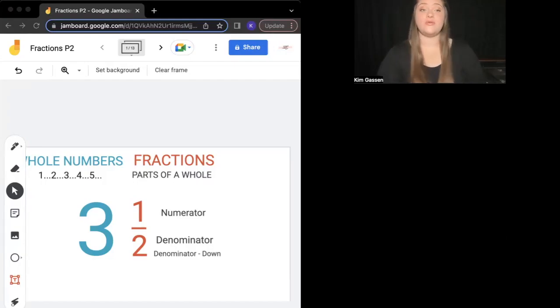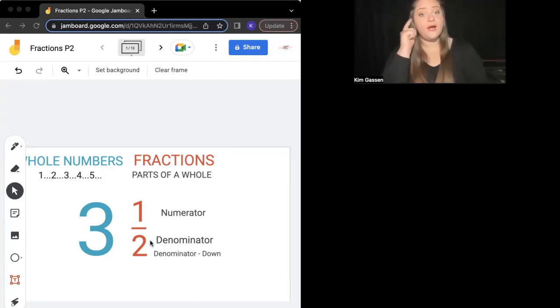Let's quickly review the breakdown from the last lesson. So, we introduced fractions. Fractions are parts of a whole. When we write a fraction, we have a numerator on top and our denominator on the bottom.